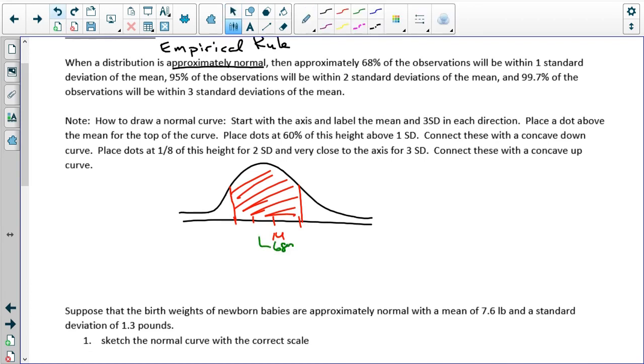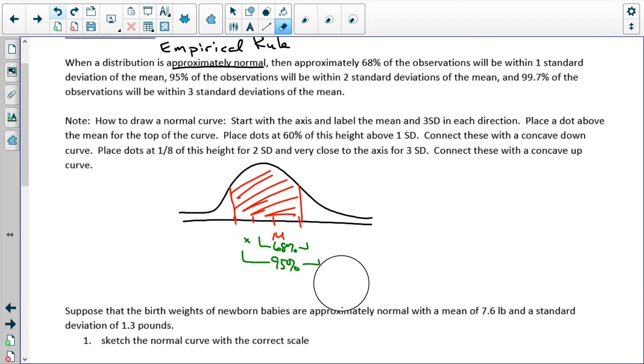This is 68%. Then I have to figure out what this part is in order to add it. So this whole thing is 95%. Oh wait, 95% actually goes a little bit further than that. So that's my fault. 95% goes to the 2nd standard deviation away.